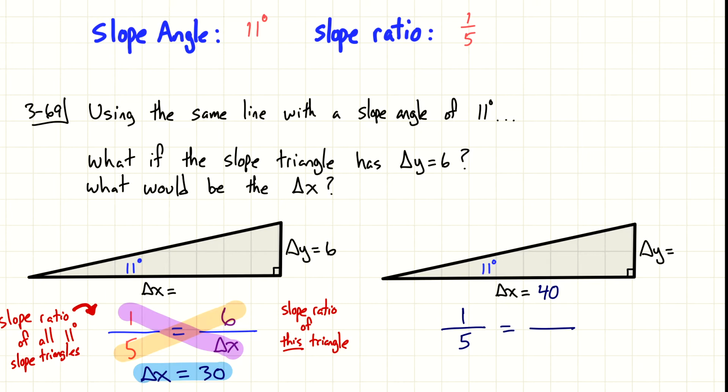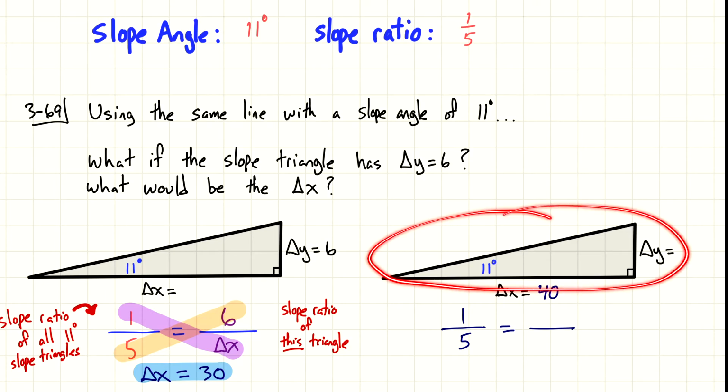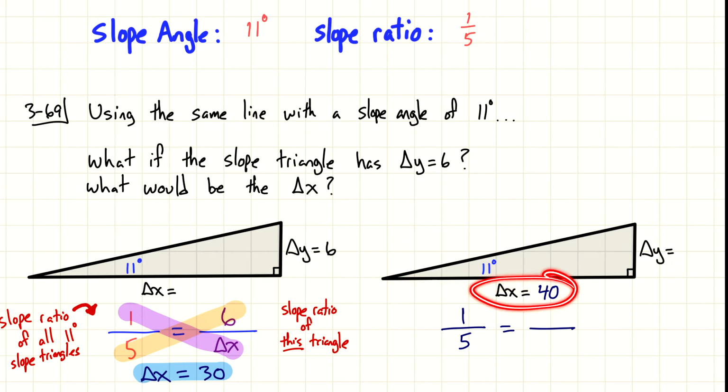And what's the slope of this triangle? Well, this specific triangle, I'm looking at this specific triangle, I have some different measurements. So I'm going to use those. So I don't know what delta y is, so I'm going to put delta y. But I do know what delta x is, and that's going to be 40.